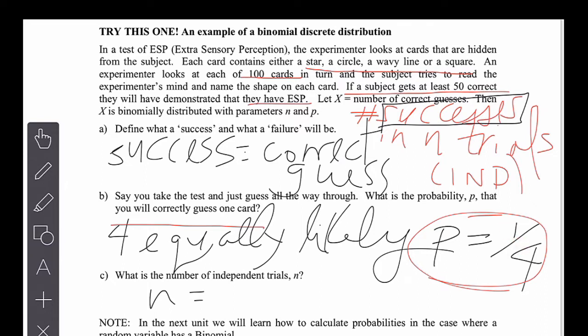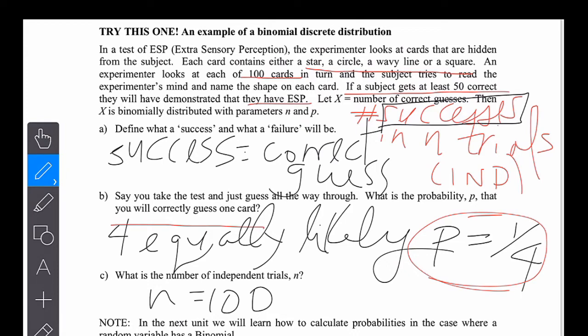Since that stays the same, we know that trials are independent. No matter what happened on each try, the probability of getting it right stays the same. So n is going to be 100, and there are 100 independent trials.